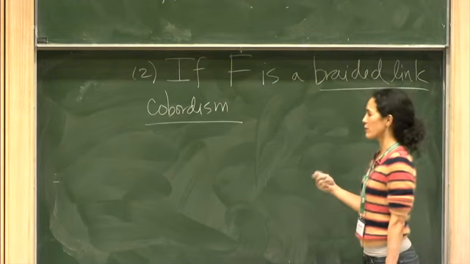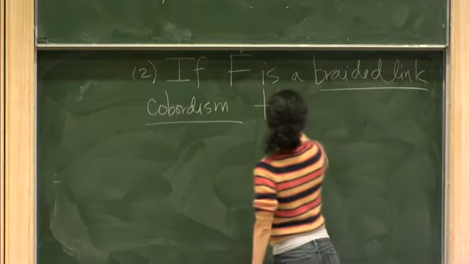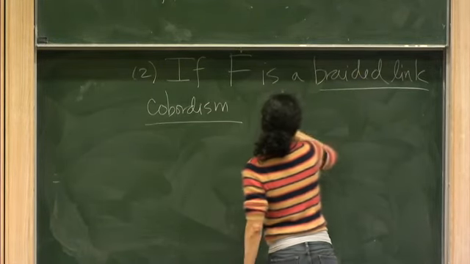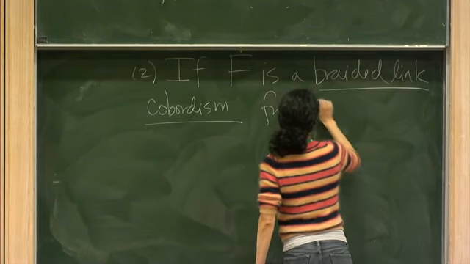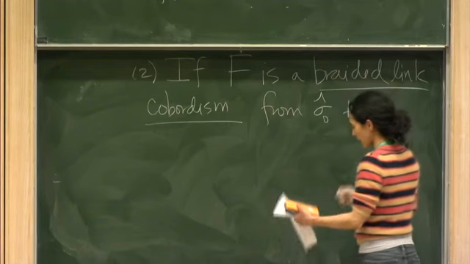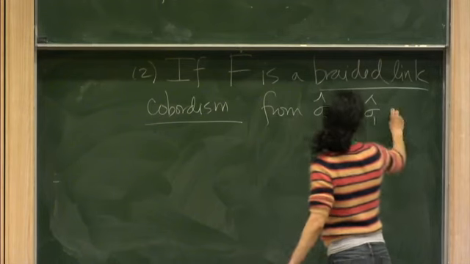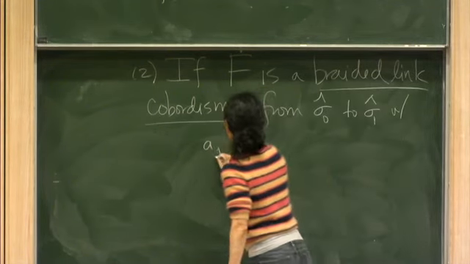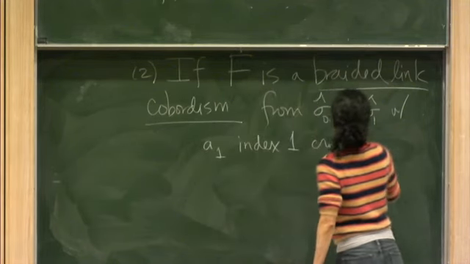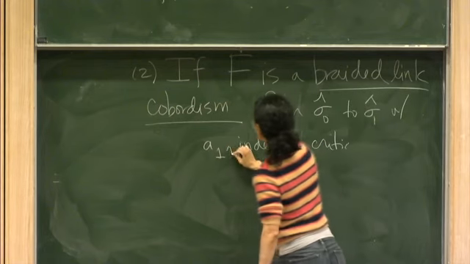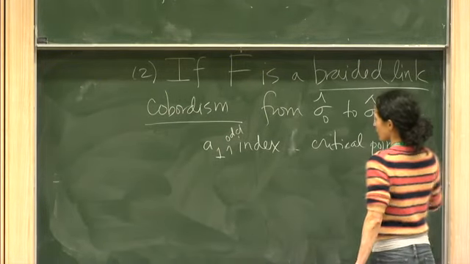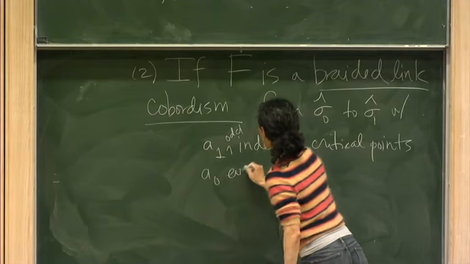So if F is a braided link cobordism from the closure of sigma 0 to the closure of sigma 1, with, let's say, A1 odd index critical points and A0 even index critical points.